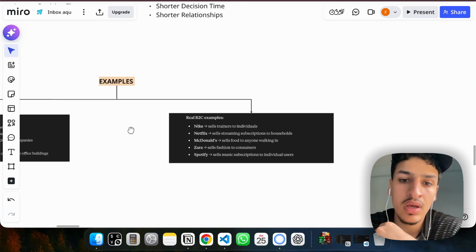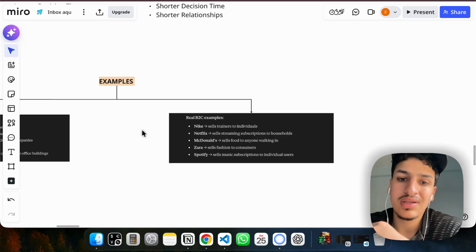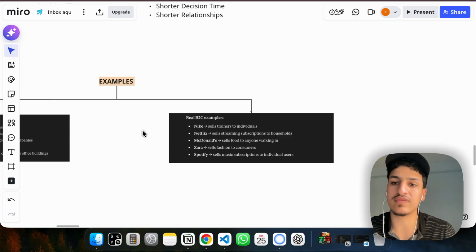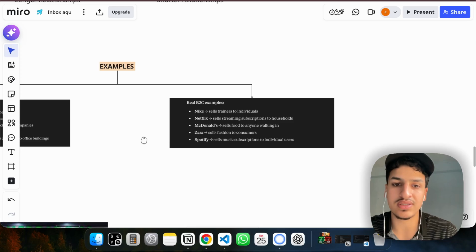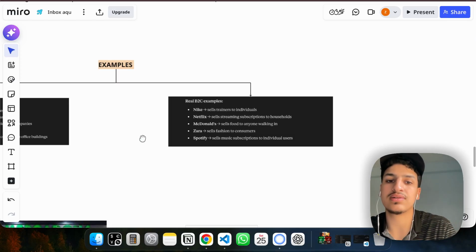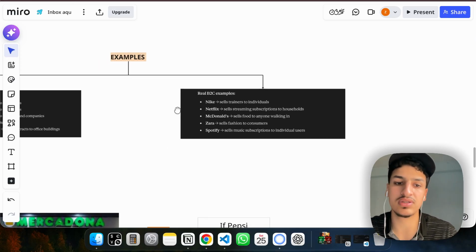But for a B2C example, Nike sells their trainers to individuals. Who doesn't know Nike, the company that makes any type of sport clothes or shoes or anything related to sport. And let's say Netflix, McDonald's, Zara, or Spotify. These are all considered B2C examples.